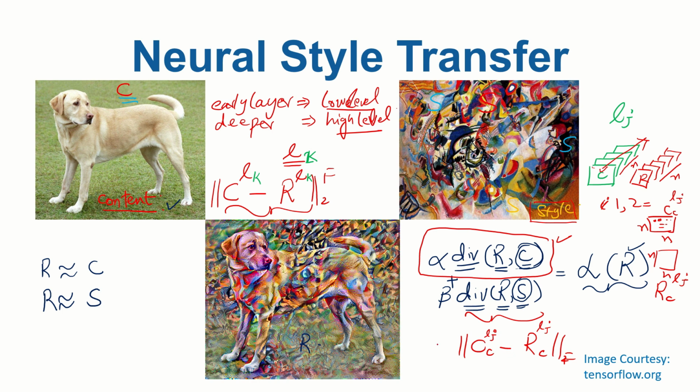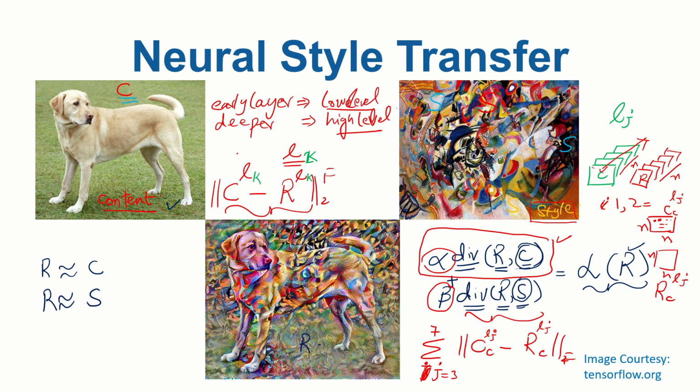And sometimes this actually happens for multiple layers. So for example, this J varies from maybe 3 to 7. So you may have picked multiple layers to perform this, and this brings the style cost, and then you mix the two costs using these hyperparameters alpha and beta. And you can use any pre-trained model, as we saw, the middle layers, preferably on ImageNet data.